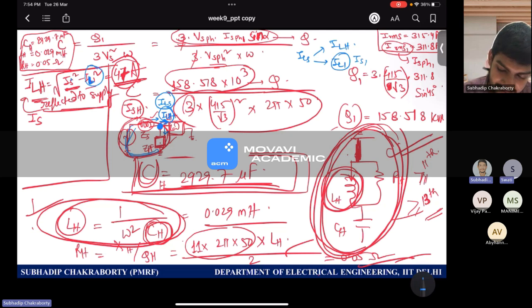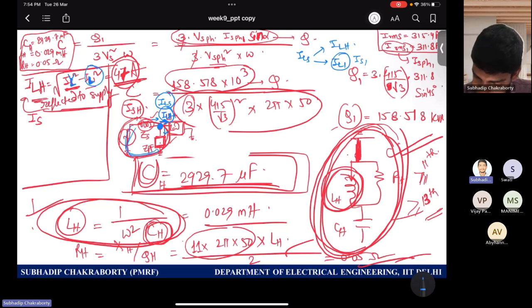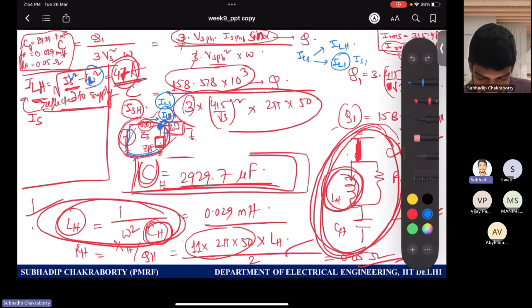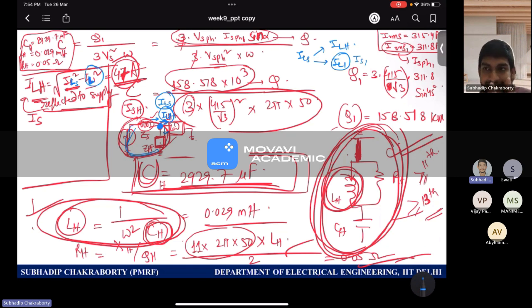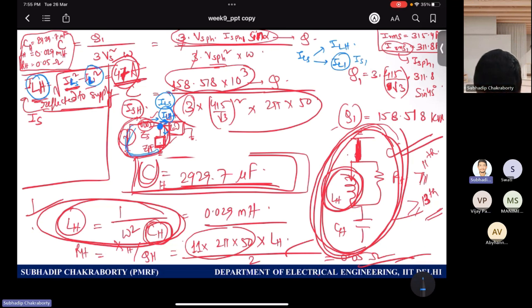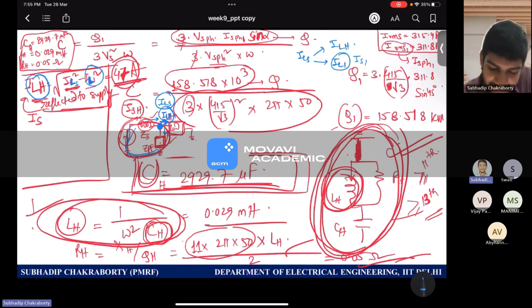The notations are very important, okay? ILS, the load current reflected to the supply side containing harmonic and fundamental component, minus the fundamental component will give you the harmonic content. This is the ILH, which is the harmonic current, because harmonic current only we need to split to determine the harmonic content at the supply side.